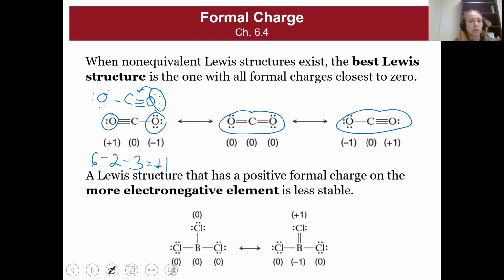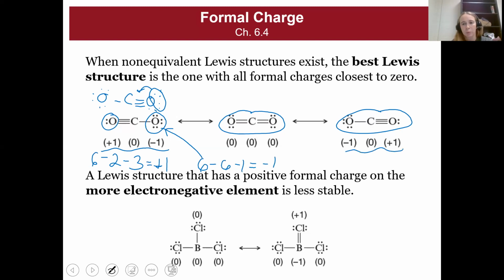And this oxygen does the opposite. So this oxygen, we have 6 valence electrons. We have 6 non-bonding electrons because now we have 3 lone pairs. And we have a bond. So that's -1. So we've got formal charges that are not 0.